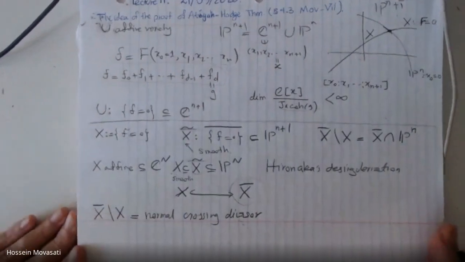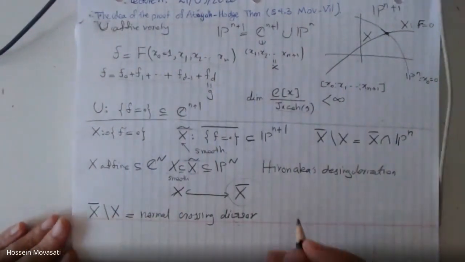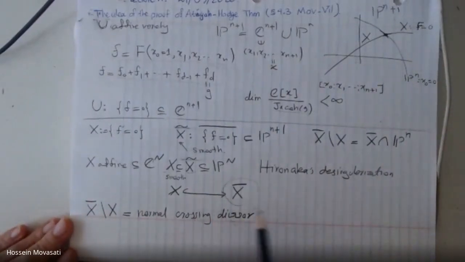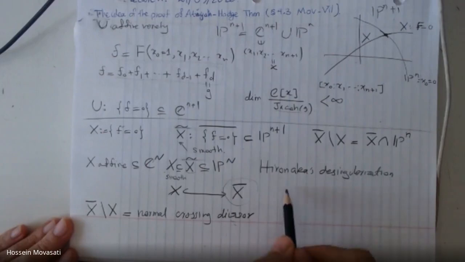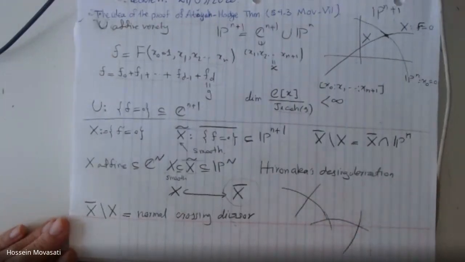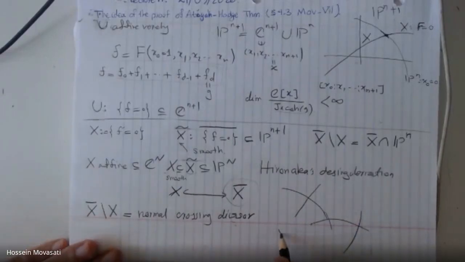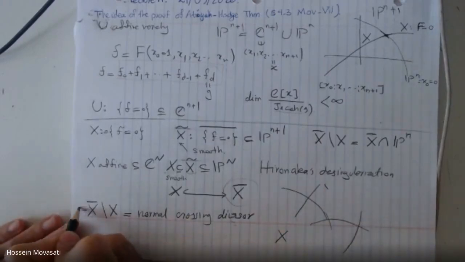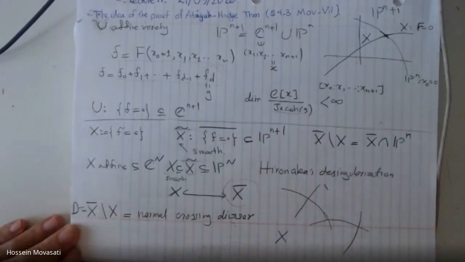Okay, something nonsense I told last time, and one of you remarked on it. So what was this normal crossing divisor? At the end, let's say I have X. Let's call this one D, denoting the divisor.